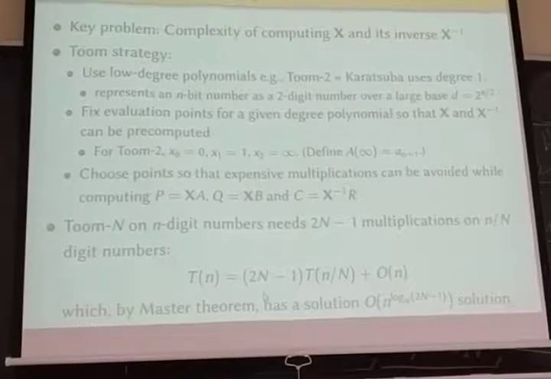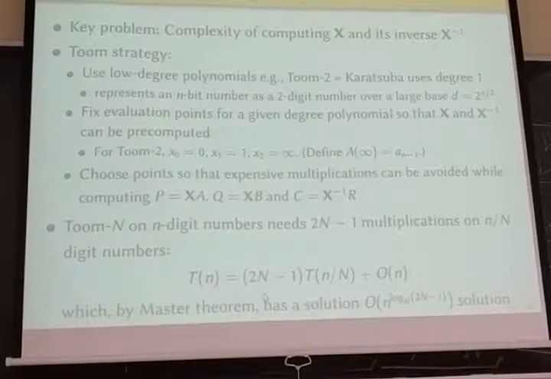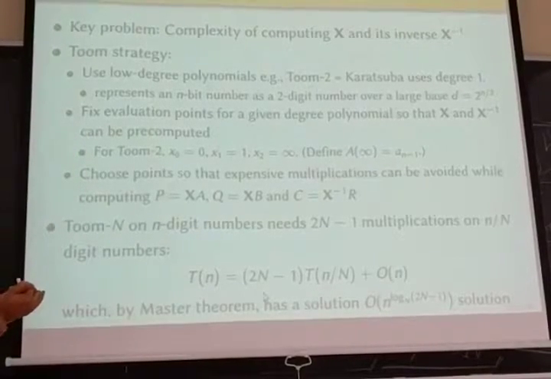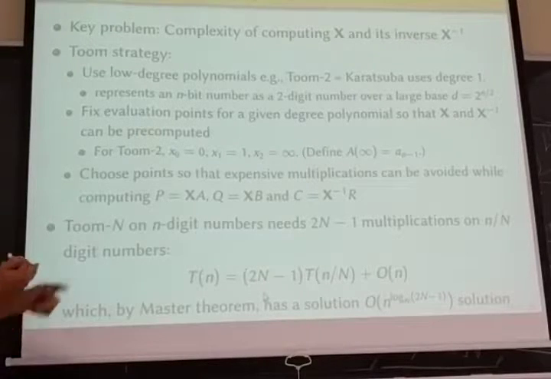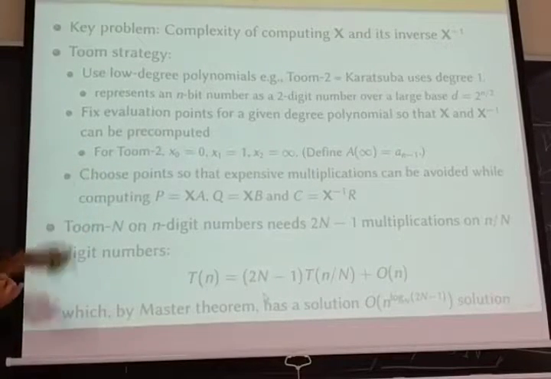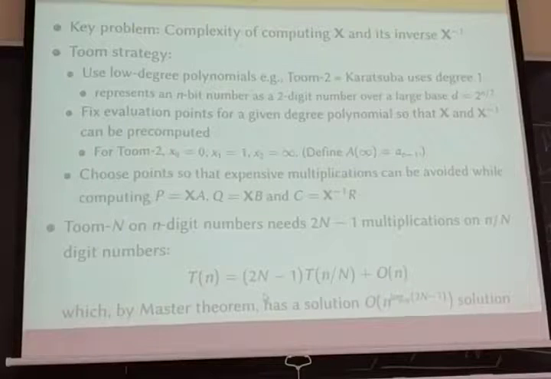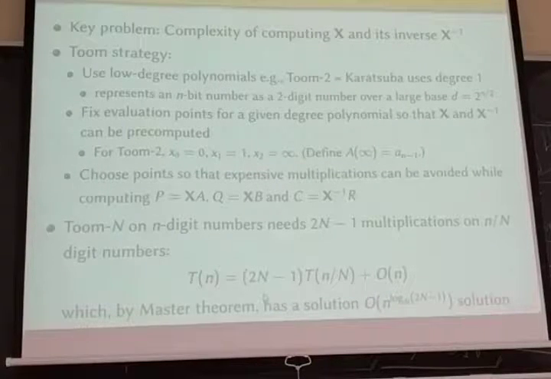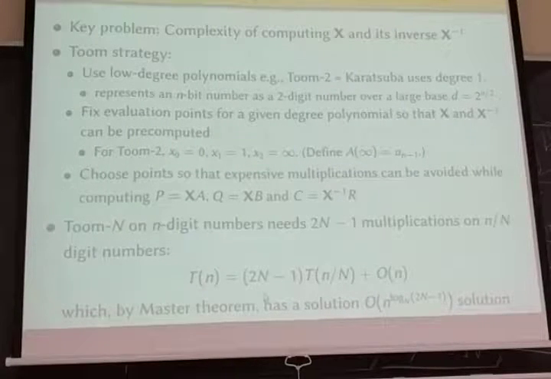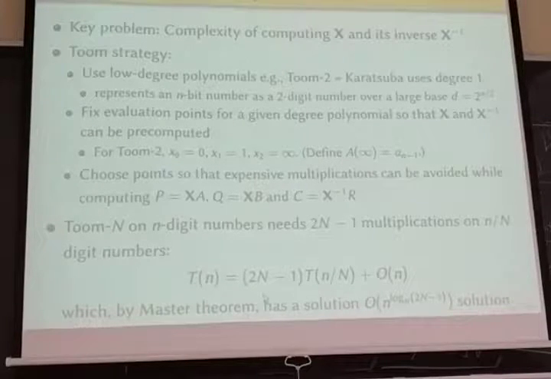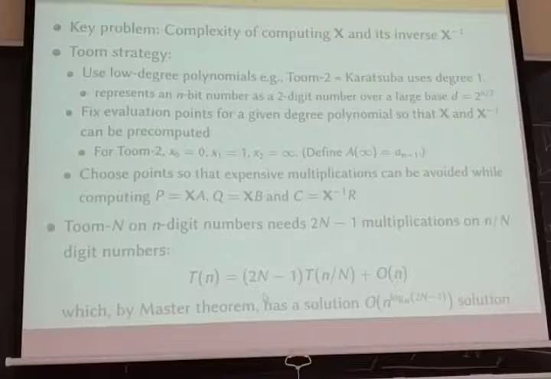So the main idea is that you choose the points so that you don't require expensive multiplications. We'll see exactly how that happens. But let's say, for instance, we choose to evaluate one of the points as 0.